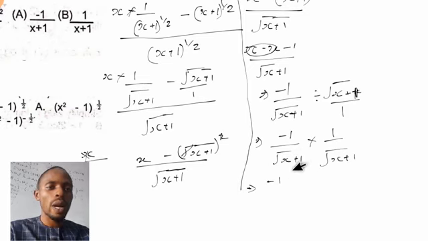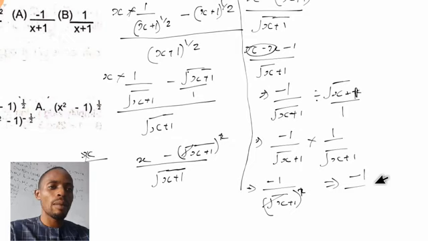Root of s plus 1 multiplied by root of s plus 1 gives us root of s plus 1 all raised to the power of 2, and therefore this square cancels the square root here. So here we have minus 1 divided by s plus 1. So the answer to this question is equal to minus 1 over s plus 1.